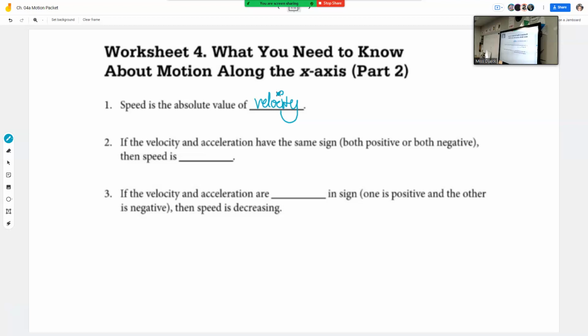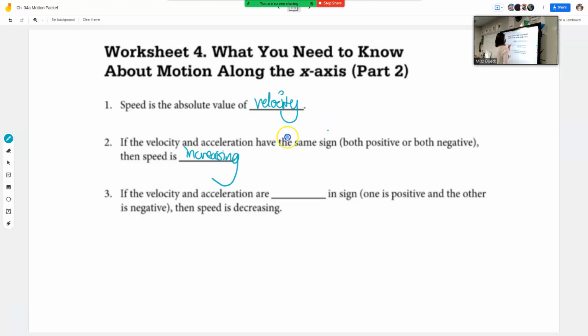Acceleration is negative, gravity's pulling it. If they are working together in the same direction, speed will be what? Increasing.